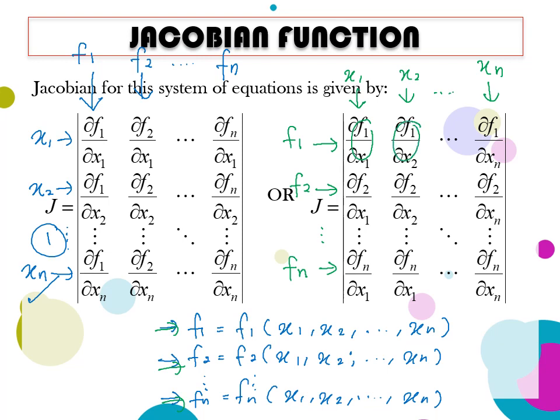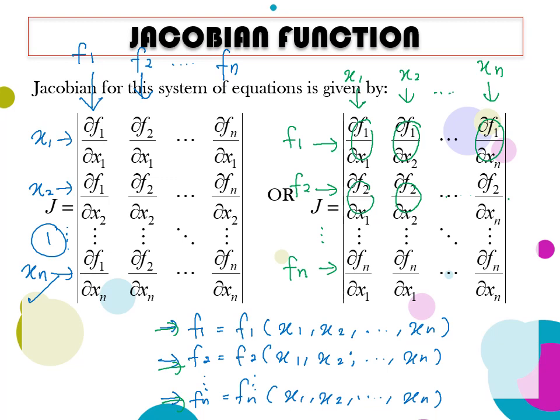And then do the same for x3 until xn. Once you're done with your first function, proceed to the second function and partially differentiate with respect to x1, put it here, partially differentiate f2 with respect to x2, put it here until xn, and you will continue until the last function that you have.